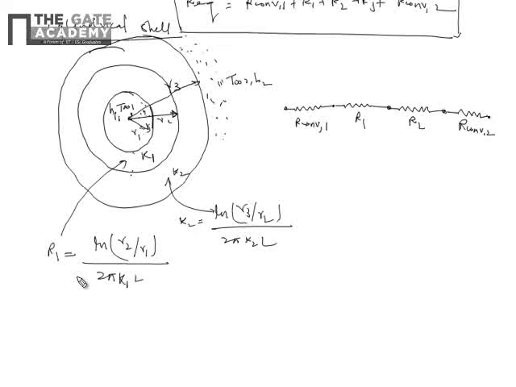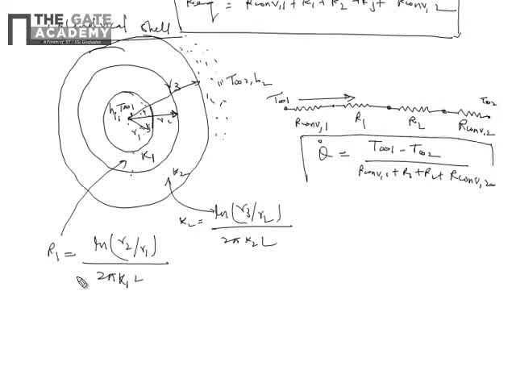In that case, we know the inner fluid temperature and outer fluid temperature, so the Q dot flowing from the inner surface to the outer surface can be given as T infinity 1 minus T infinity 2 upon R convection 1 plus R1 plus R2 plus R convection 2. The same formula holds good for the spherical shell.